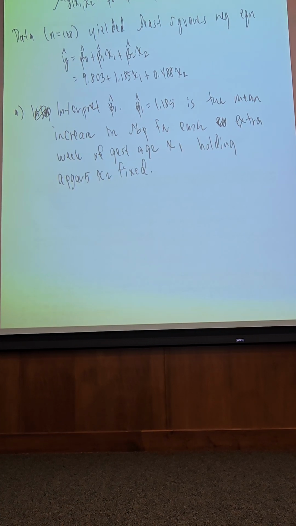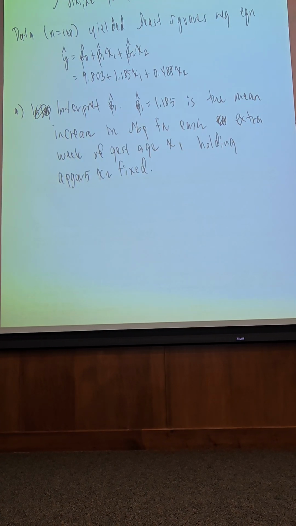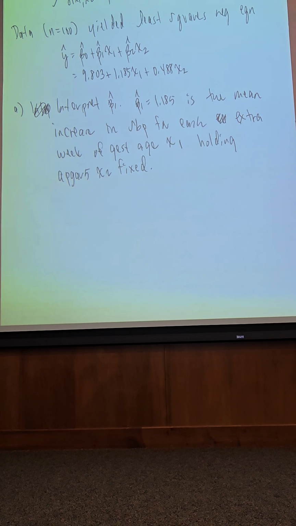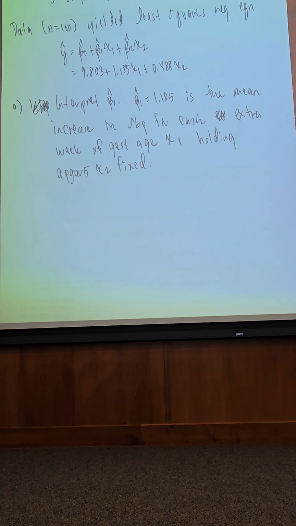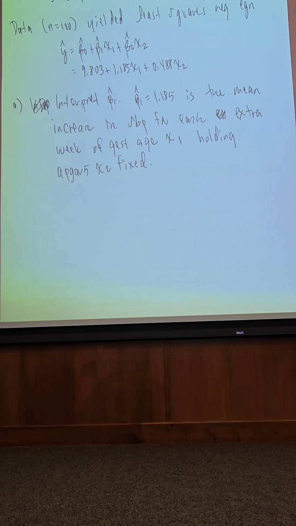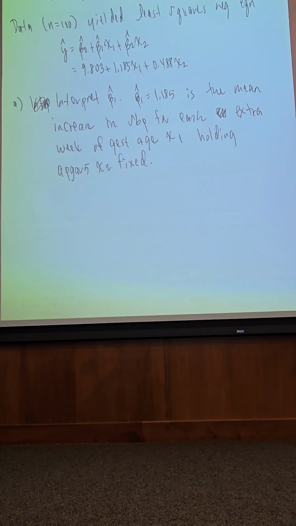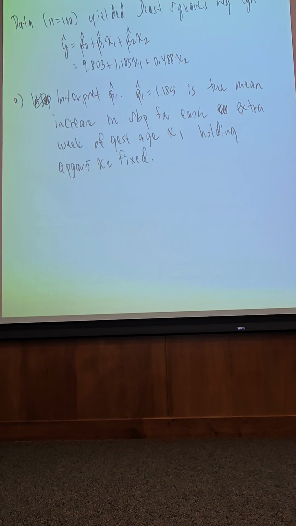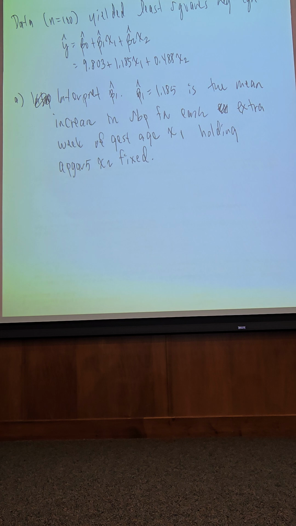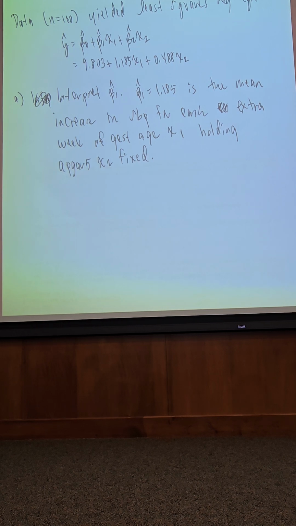That's really what it means. So if I hold the APGAR5 score fixed and I increase the gestational age by 1 week, how much extra in systolic blood pressure are we getting on average? 1.185. Okay, that's really what that guy means.